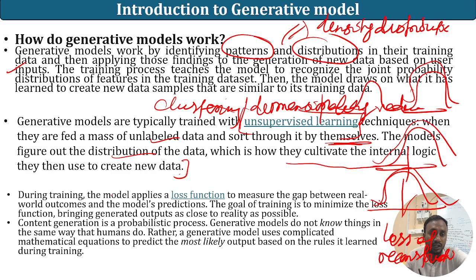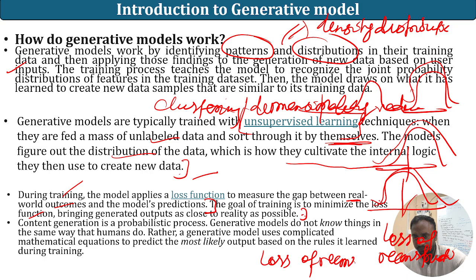During training, the model applies a loss function to measure the gap between the real-world outcome and the model's predictions. The goal of training is to minimize the loss function, bringing the generated output as close to the real output as possible. That is what I called the loss of reconstruction, or regeneration, and it should be as low as possible.